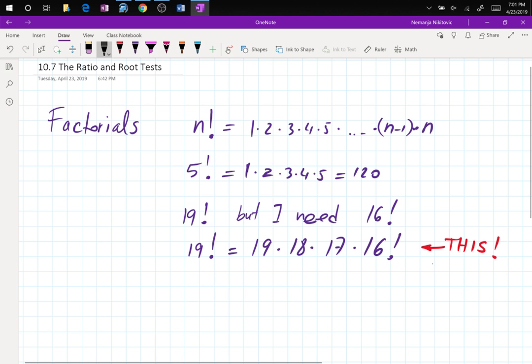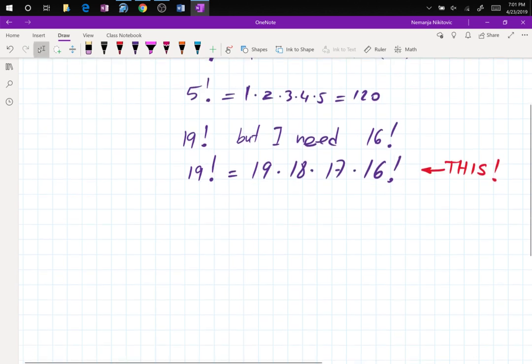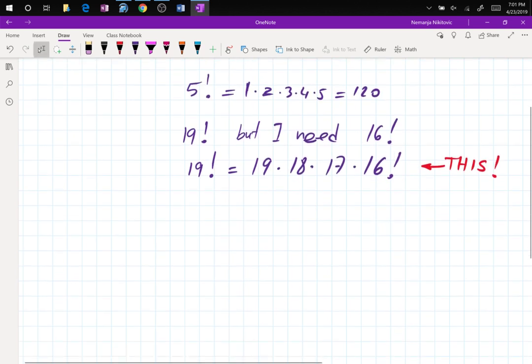Okay, so let's write our theorem for the ratio test, and then do a few examples. For our ratio test, we just have the summation of a_n. Nothing exciting. It works in multiple cases. We can even use it for geometric series and a whole bunch of other stuff.